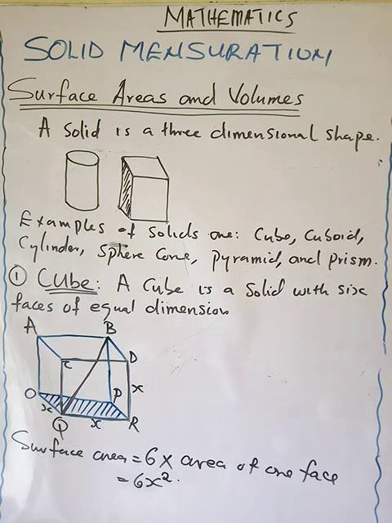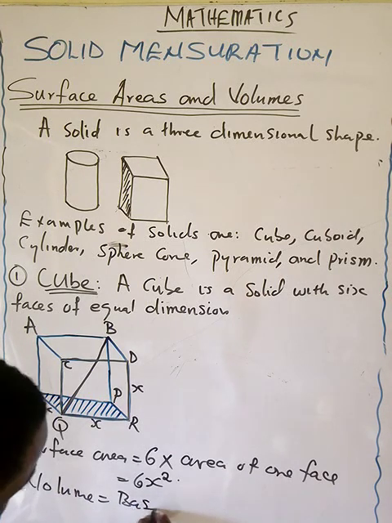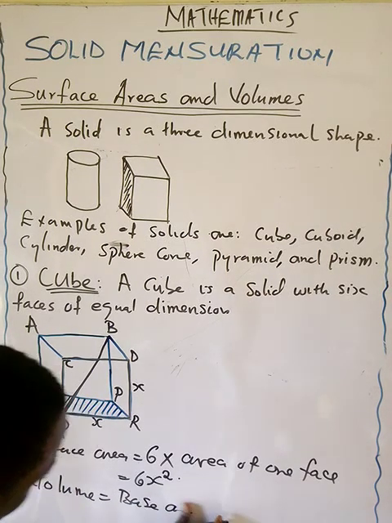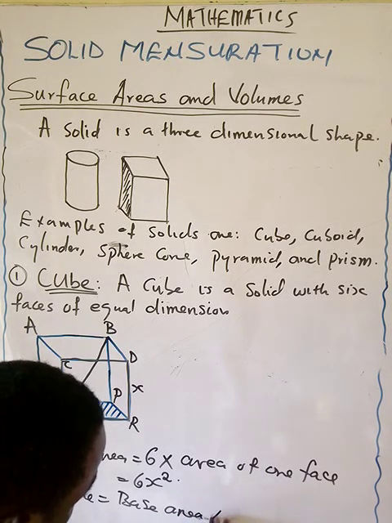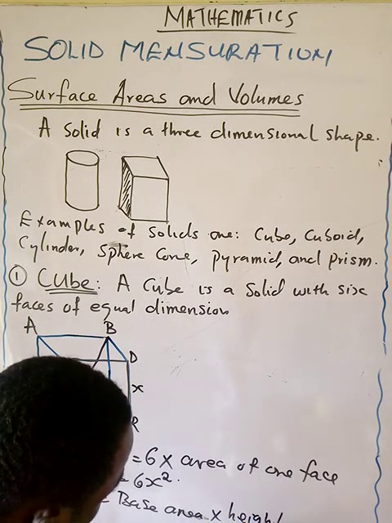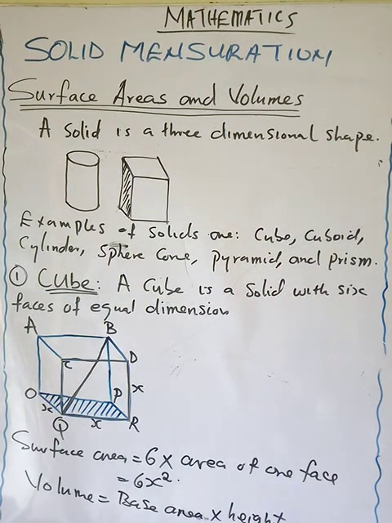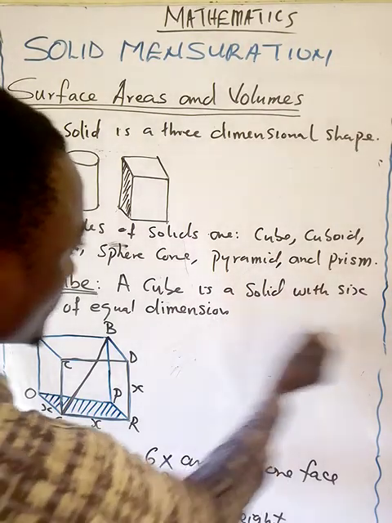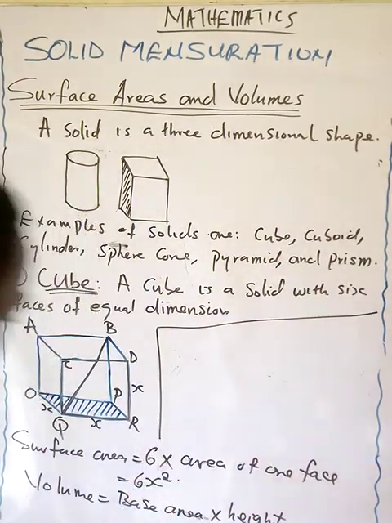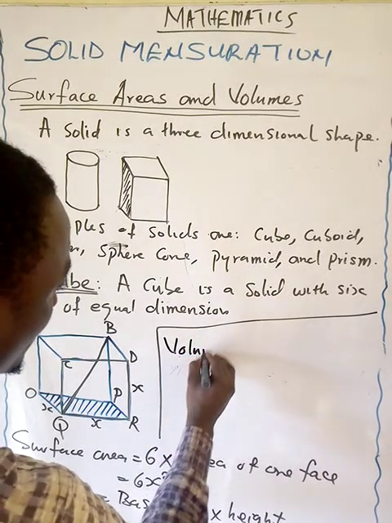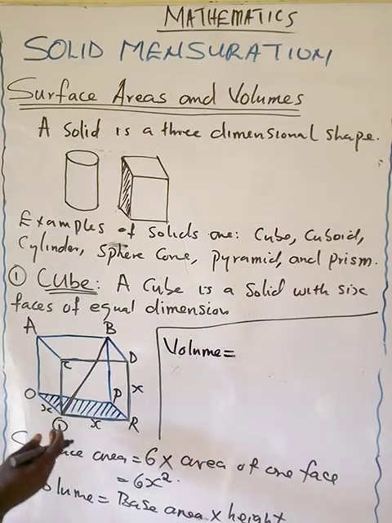So what of the volume? To calculate for the volume, we have base area times height. So the volume will now be equal to the base area.